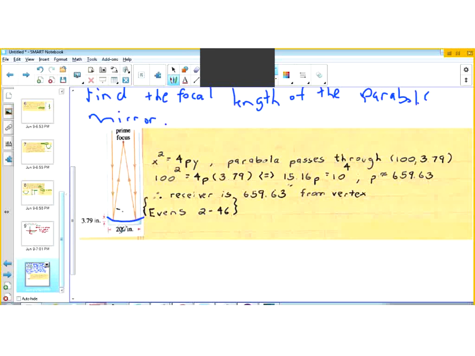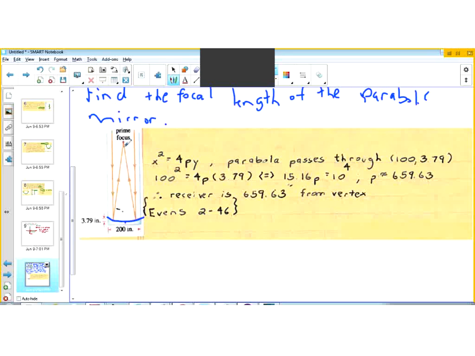If we overlay our coordinate system, here's the vertex. So x squared is equal to 4py, and the parabola has to pass through the point (100, 3.79) in this coordinate frame. That means 100 squared is equal to 4p times 3.79, and so we can solve for p to get 659.63. So the receiver, that is the focus, has to be 659.63 inches from the vertex.